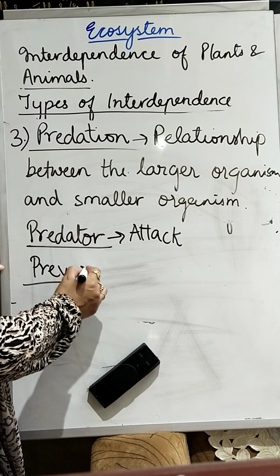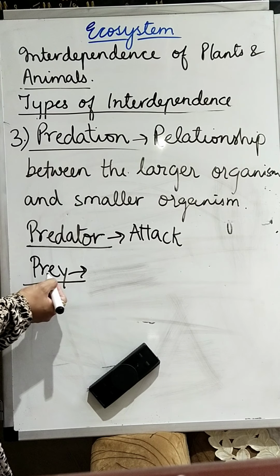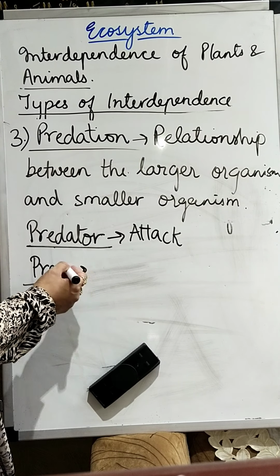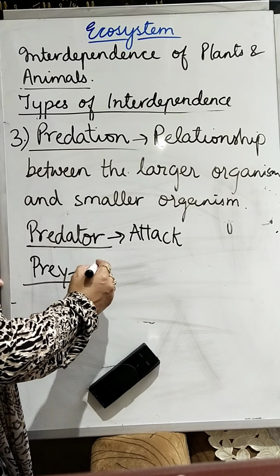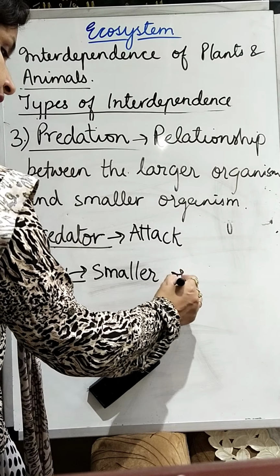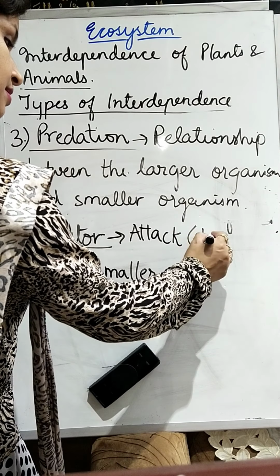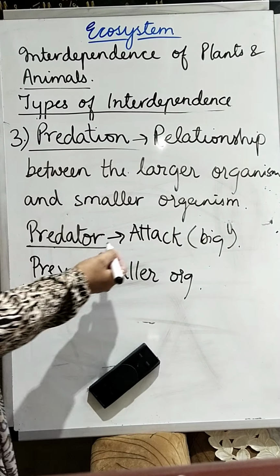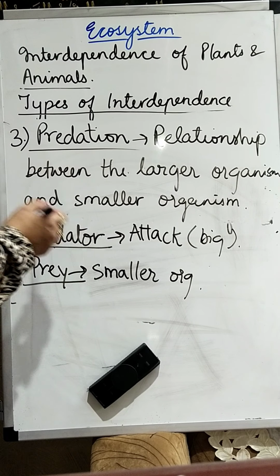These are the smaller ones, and they get attacked by the predators. These are the bigger ones, and they kill, attack and feed upon the smaller organisms.